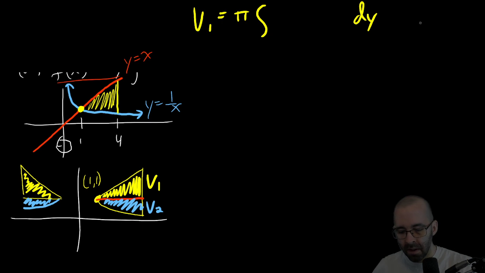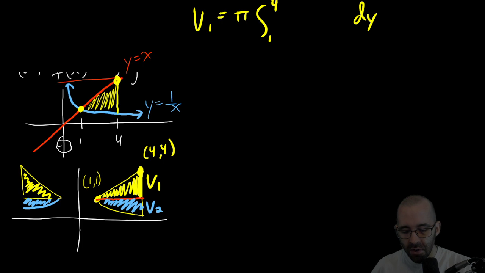Okay, so now in this V1, the y coordinate starts at y equals 1, and it goes up to whatever this y coordinate is. Well, let's look at the picture. It's y equals x, and x equals 4, so that's going to be a y coordinate of 4. Now, what's the rightmost function using the washer method?